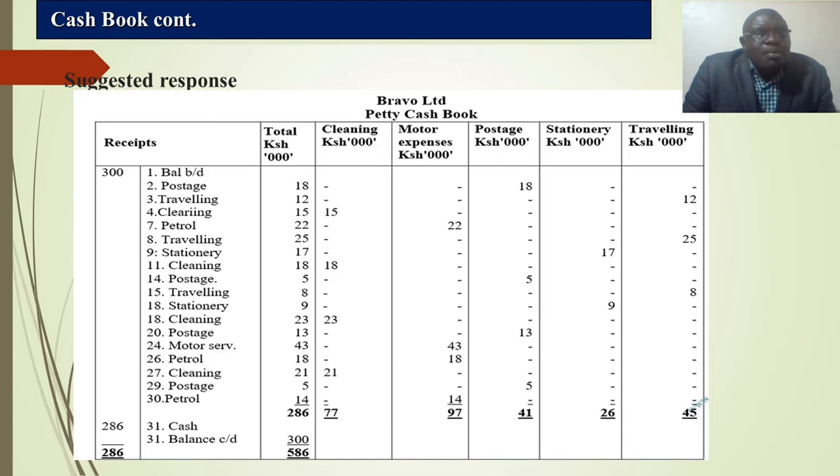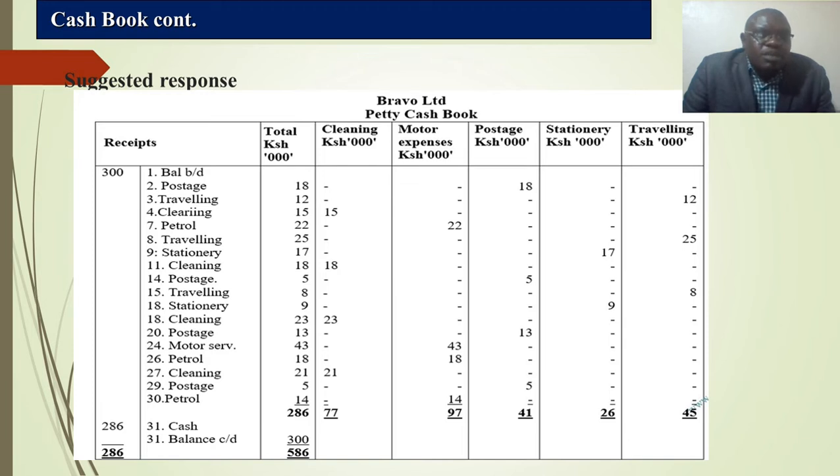What I'm calling the fourth column is a combination of columns which are headed by various expenditures. In this case, the fourth column will be represented by those columns headed by cleaning, motor expenses, postage, stationery, and traveling. You can have as many columns as you've been instructed to have. In this case, we were instructed to have only 5 columns, that is cleaning, motor expenses, postage, stationery, and traveling.